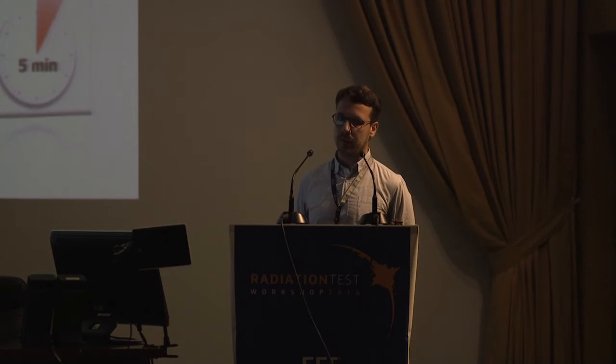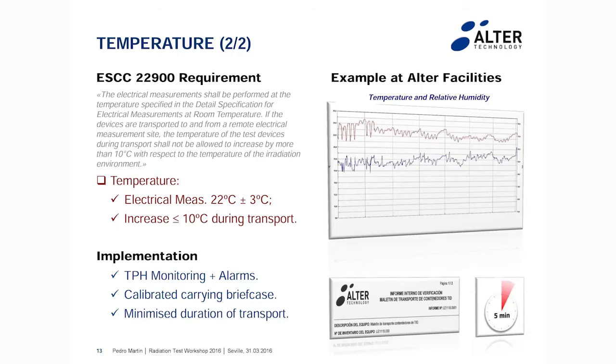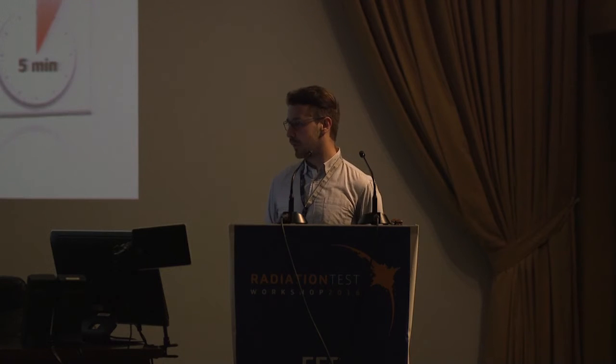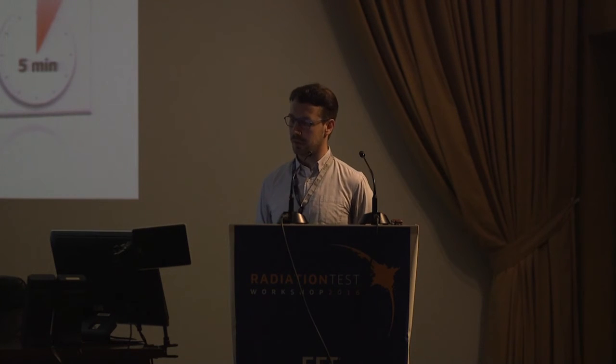The requirement is 10 degrees, and it is easy to comply with if you control how to transport the test samples. In our case, the transport duration is only 5 minutes, and we also have a calibrated carrying briefcase to transport them.